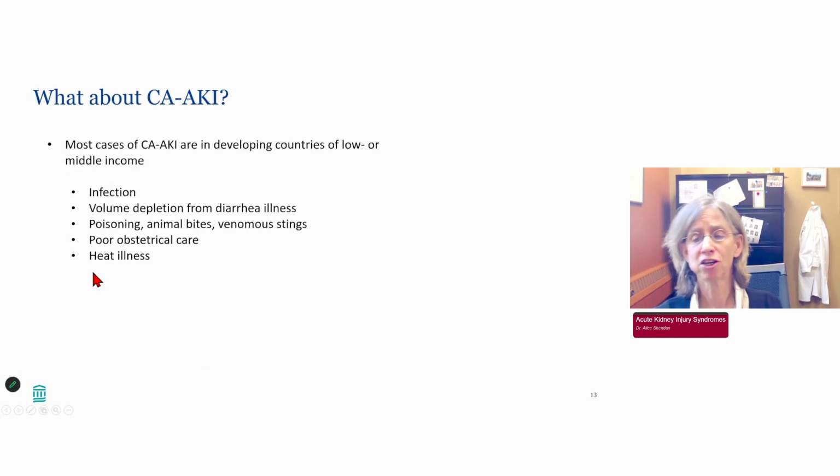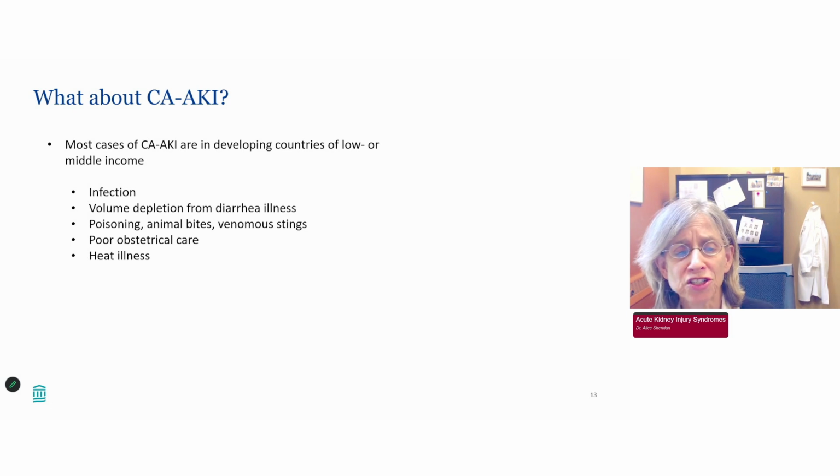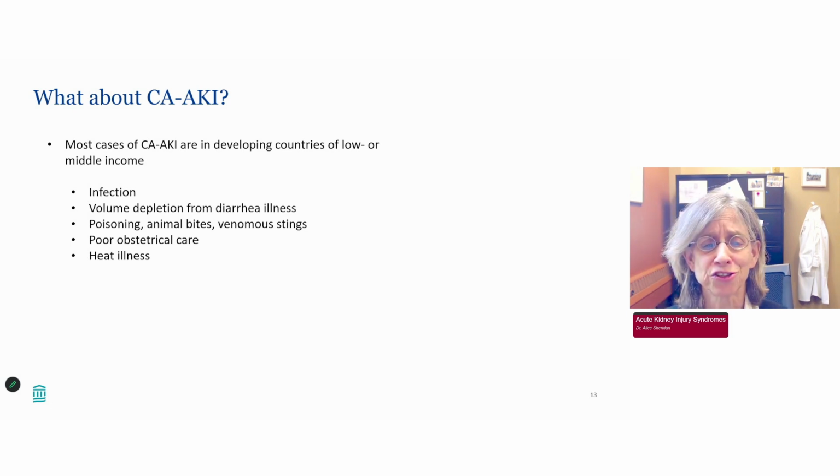What about community-acquired AKI? Well, as I mentioned, it turns out most cases of community-acquired AKI are in developing countries. The fact is, the vast majority of AKI is in lower middle-income countries just because a disproportionate percentage of the population resides in these countries.